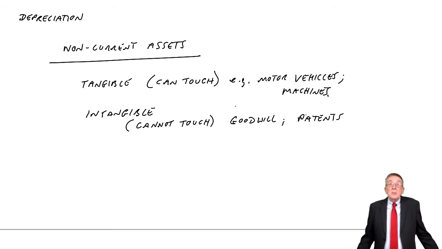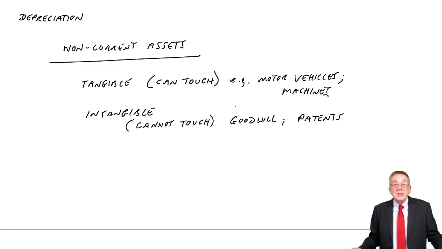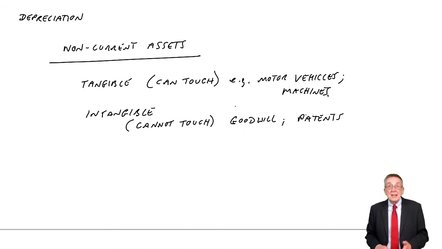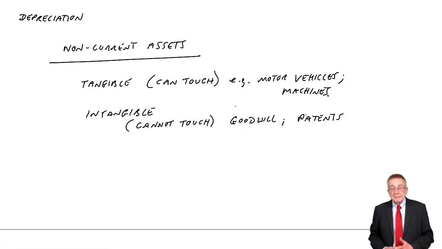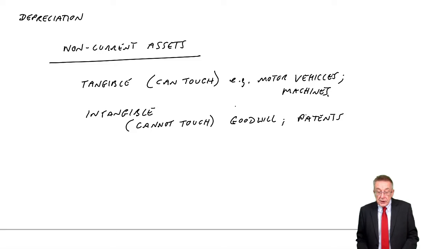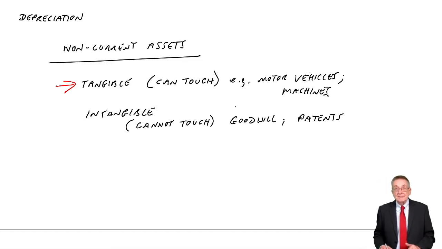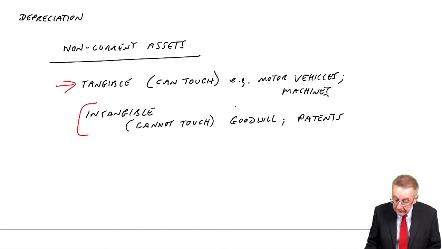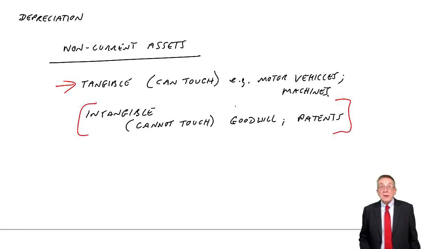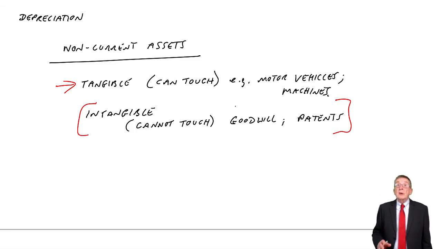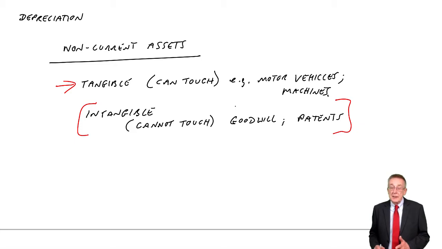So again, you might pay me a lot of money for the right to produce. It's an asset, but it's not something you can actually touch. So that's the distinction. However, in this lecture on depreciation, I'm only concerned with tangible, the normal non-current assets, your machines, your buildings, etc. Intangible I'm not concerned with at all for the rest of this chapter; I've already said it's something we'll cover in a later chapter.